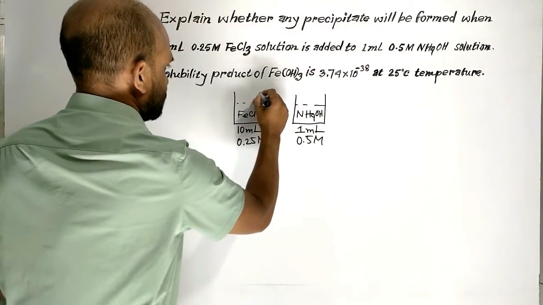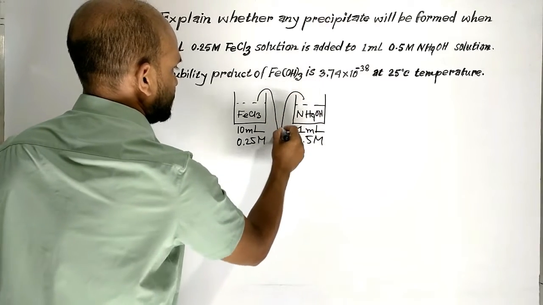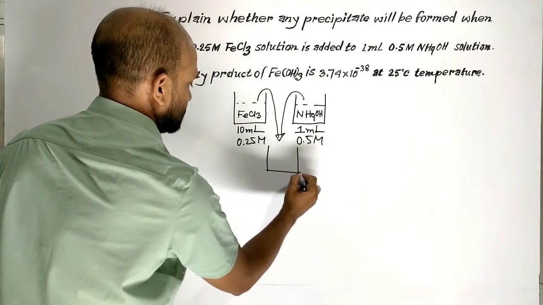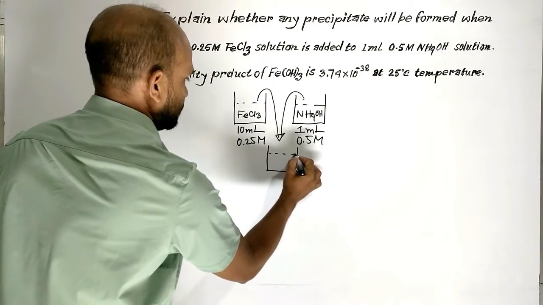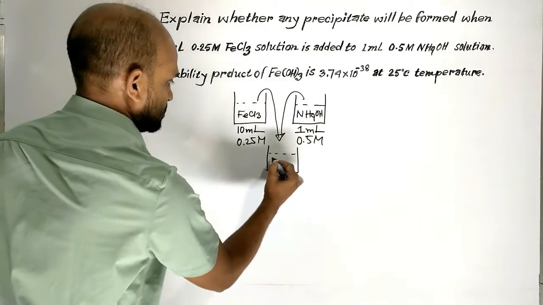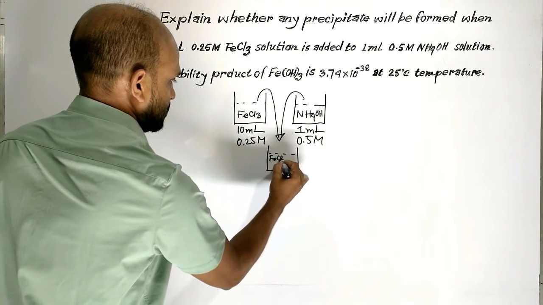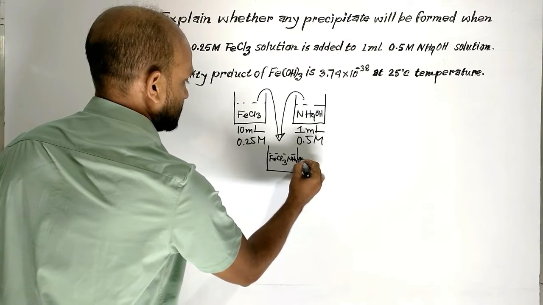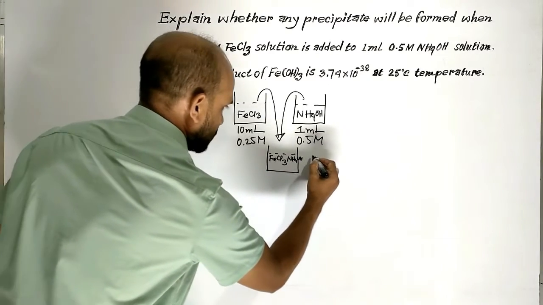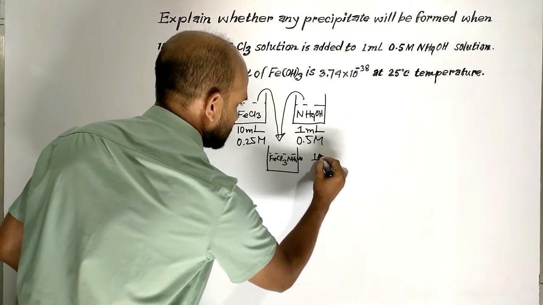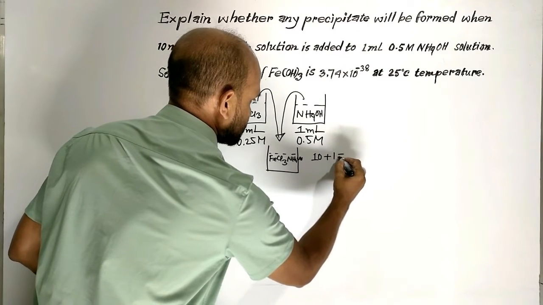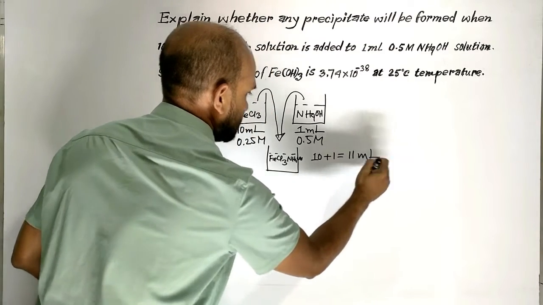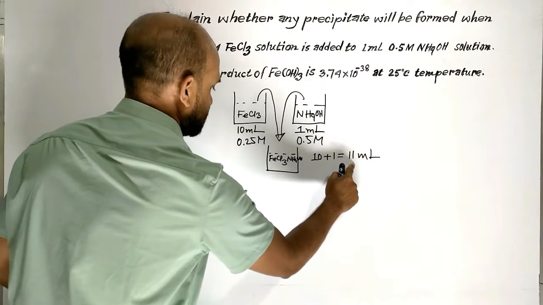Let us take both the solutions in another beaker to understand better. This is the mixture of these two solutions, ferric chloride and ammonium hydroxide. Here the volume is 10 milliliter plus 1 milliliter, that is, total volume is 11 milliliter.